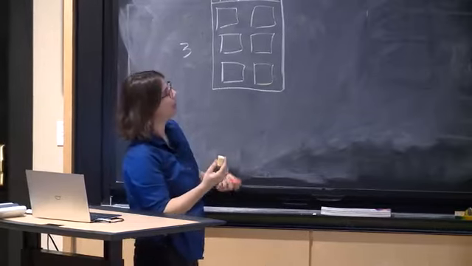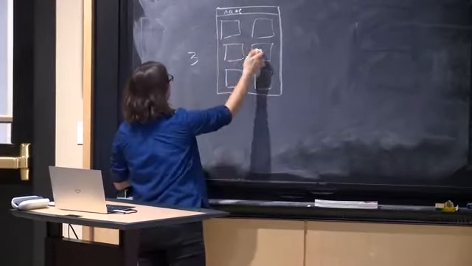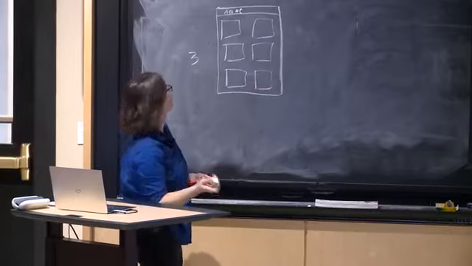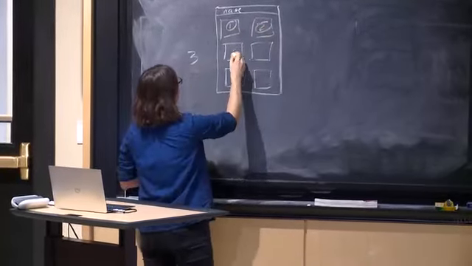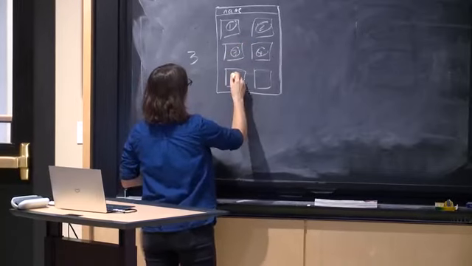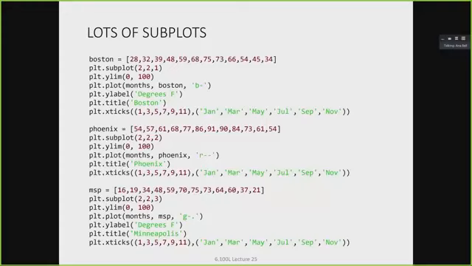So the third parameter that I pass in will basically tell Python which one of these subplots to open up for processing. So this will be the first one, this will be the second one, kind of the way we read, third, fourth, fifth, and sixth. So that third parameter to these subplot commands will be either 1, 2, 3, 4, 5, or 6, telling Python which one of these sections I'm going to add plots to.